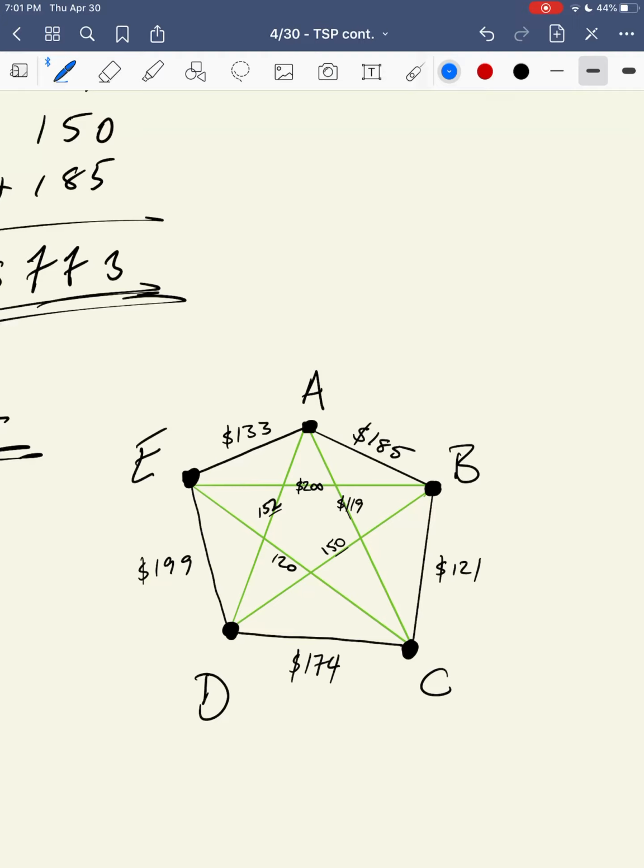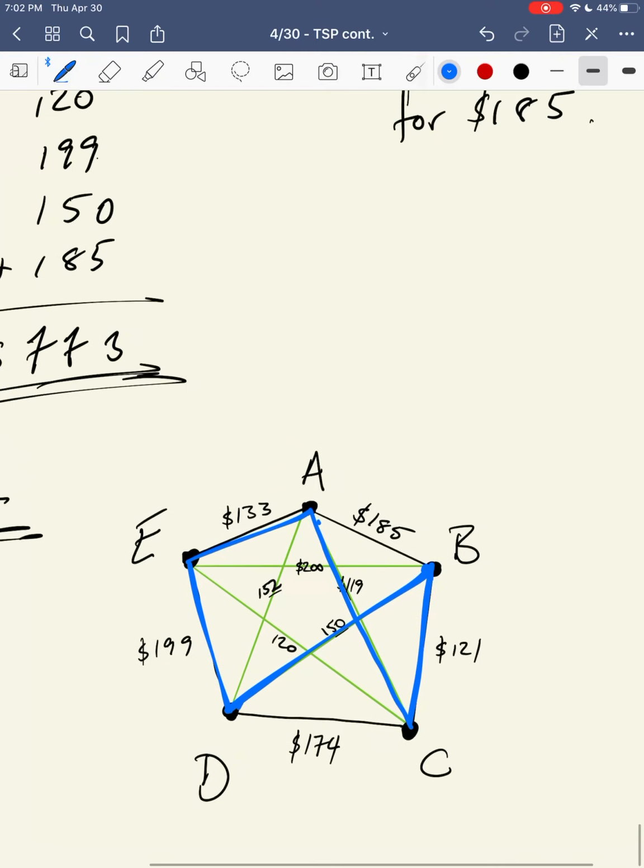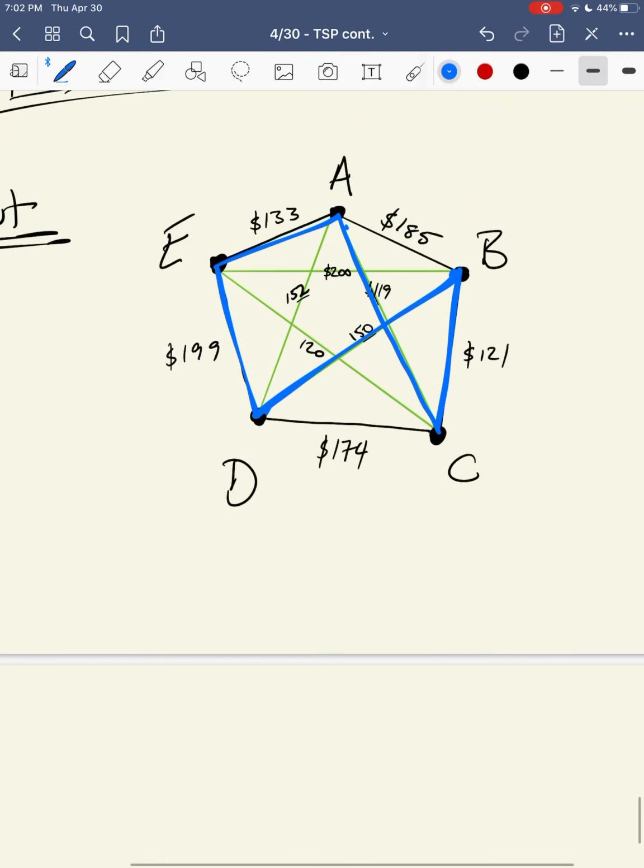So if we want to have this edge in there, and maybe this edge, and this edge. Oh yeah, that was the one. If instead we took the 121 one up to B, instead of the 120 over to E, then we could have taken this 150 there, and this one there, and I think that actually sums up to something less.